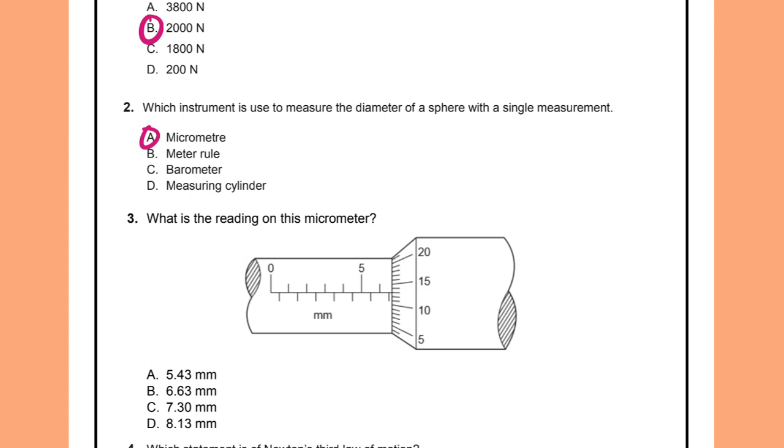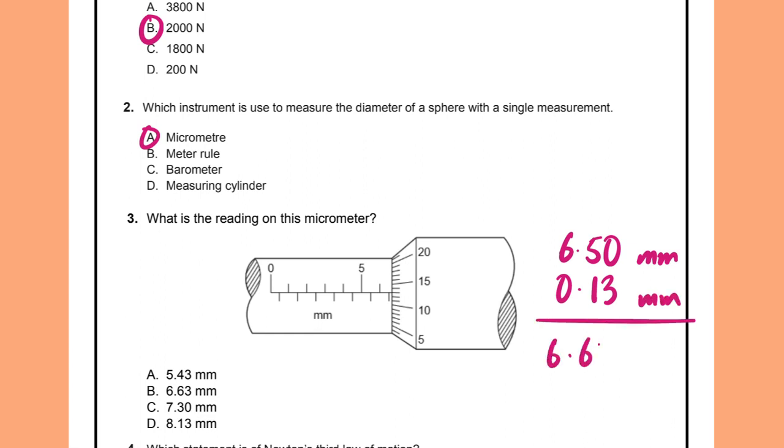So this is 6.50 millimeters. And then I need to read the rotating or the thimble scale. So 10, 11, 12, 13. So you just add a point in front of this, so 0.13 mm. You just add both of these up, so this becomes 6.63, which is option B.